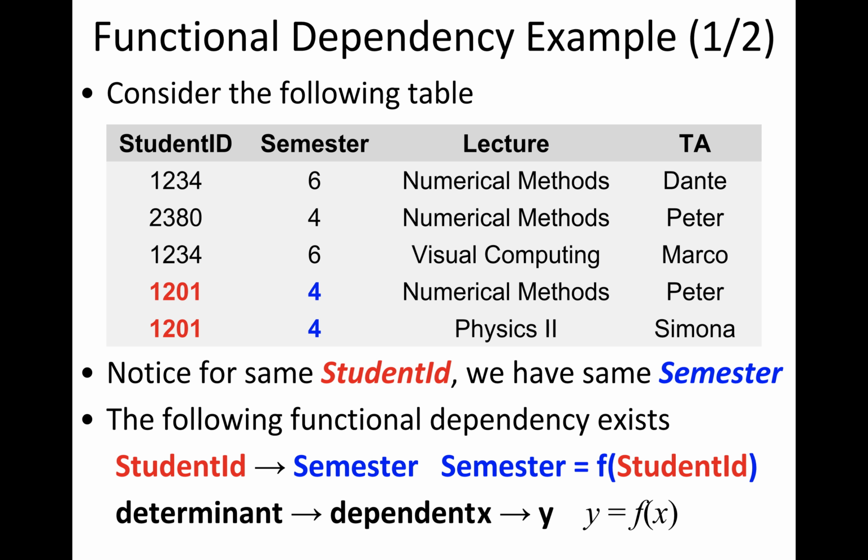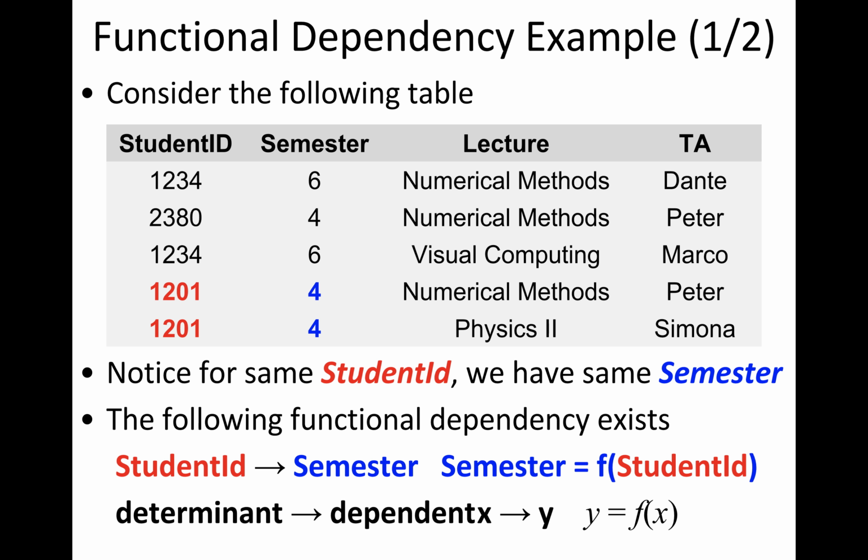As you inspect this, you realize that if you know the student, that student can only be in that particular semester. It would make no sense for the same student to be in two different semesters. So there certainly is a dependency between the two. If you know the student, you know the semester. Maybe not the other way around, but certainly one way.